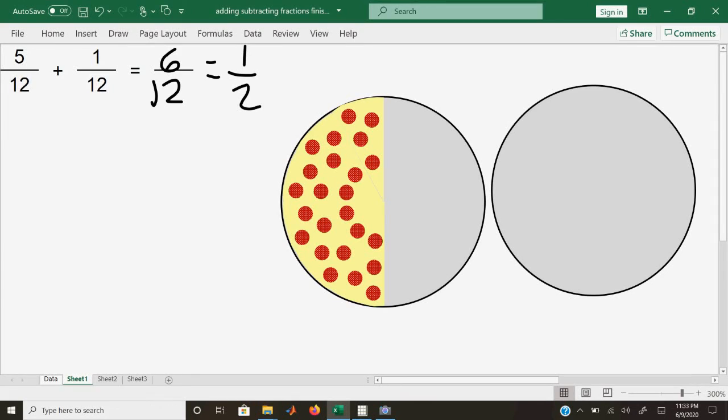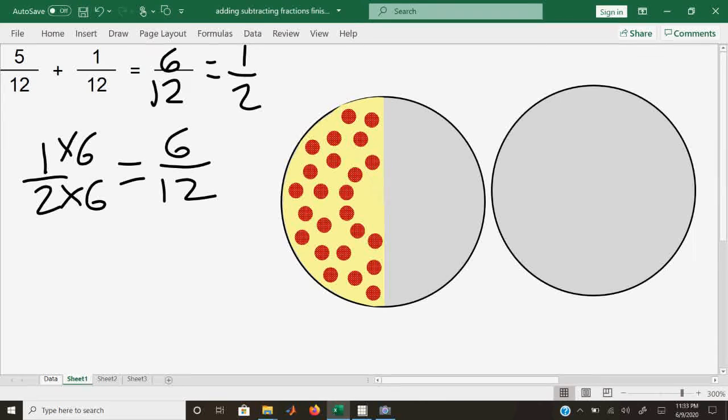6/12, I have to cut the pizza in 6 times as many pieces. So if I take my 1/2, to get 12ths, I would have to cut the pizza into 6 times as many pieces, and then I have to take 6 times as many pieces in order to get a half.